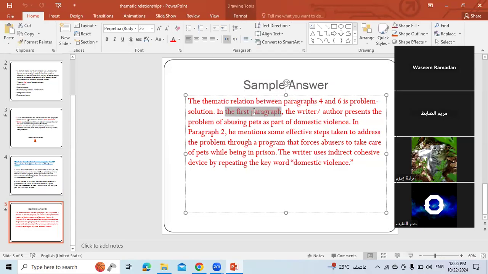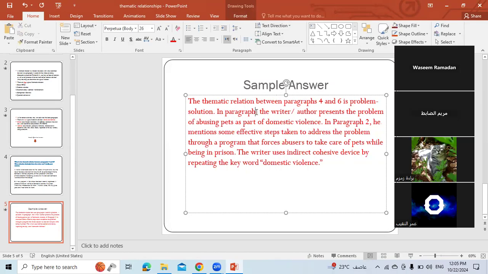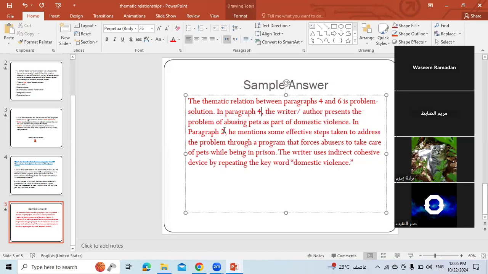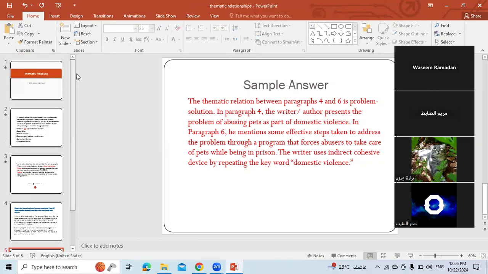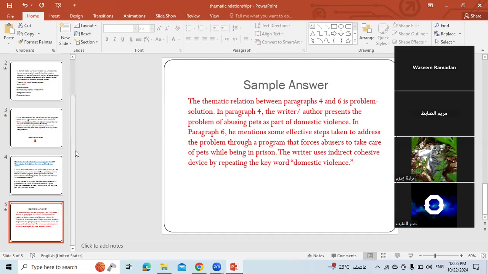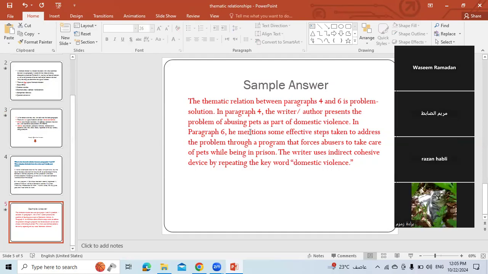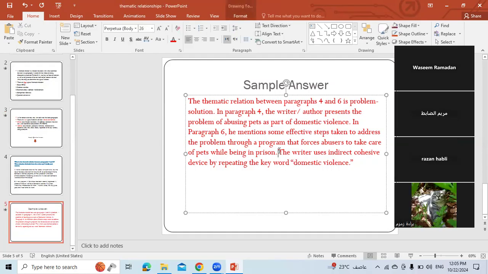Here we have in paragraph 4, and here we have in paragraph 6. Okay, save. All right. So is everything clear so far with this skill? Yes. Okay. Fine, thank you.